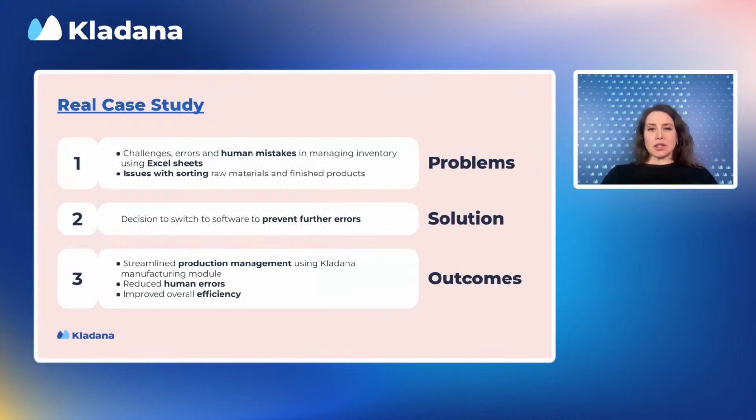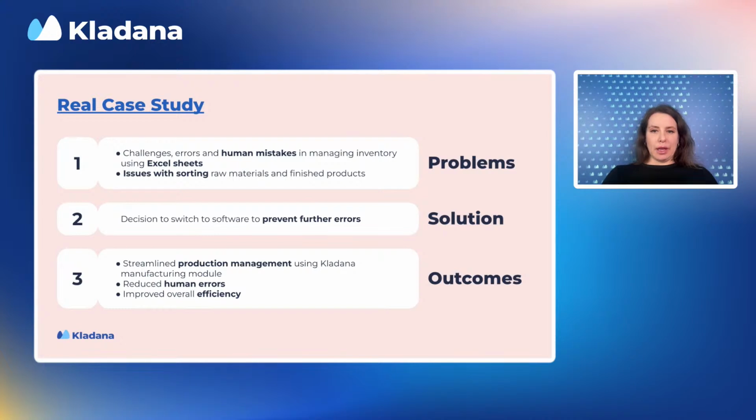Before they started to manage inventory regularly, there were some problems that they shared with us. They had been working in Excel, but regularly faced human errors, and also sometimes finished products or raw materials were mixed up. And eventually it took a lot of time to figure out where the proper item is, and how to find it.